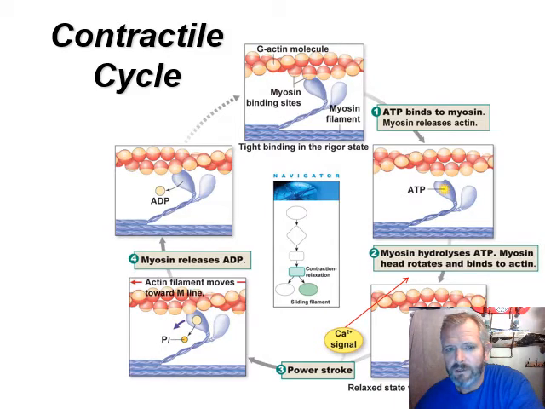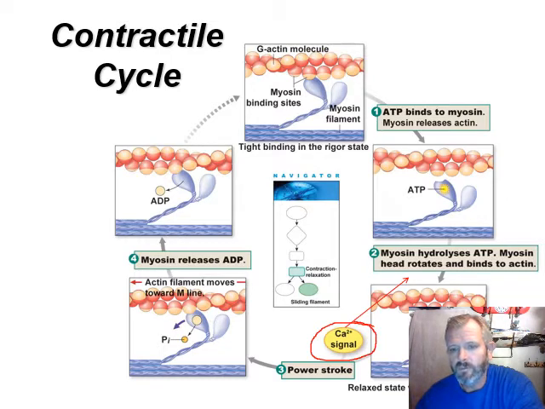Now we have no ATP, we're stuck in that rigor state, and we just begin again. We bind a new molecule of ATP, pivot back, bind to actin, and do this. So we just keep doing this as long as ATP is available and as long as calcium is available.